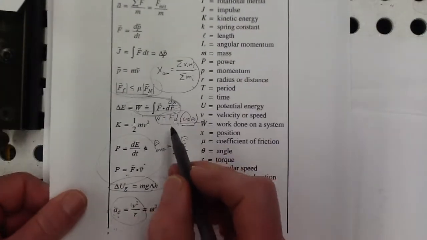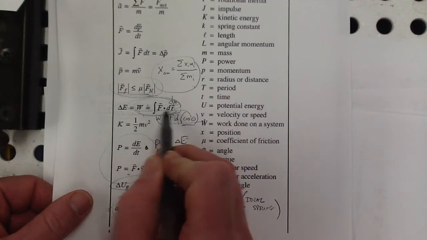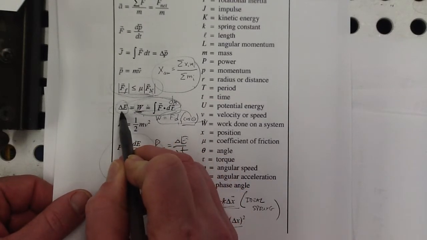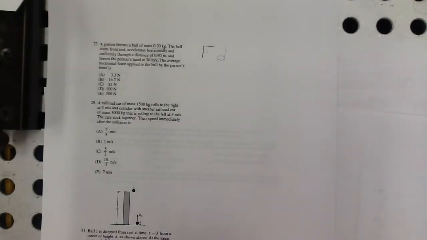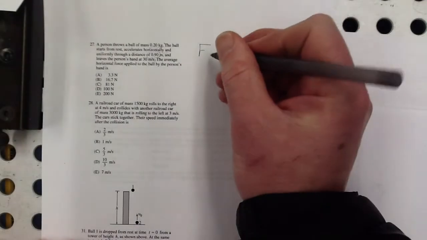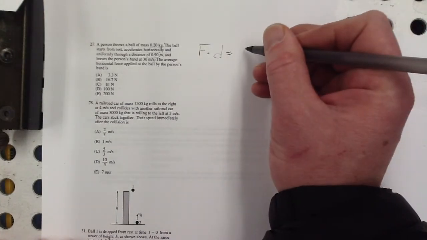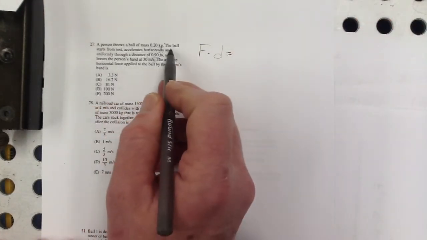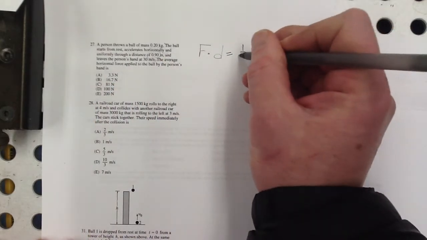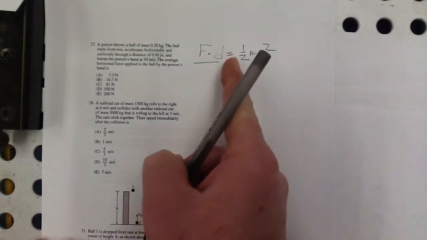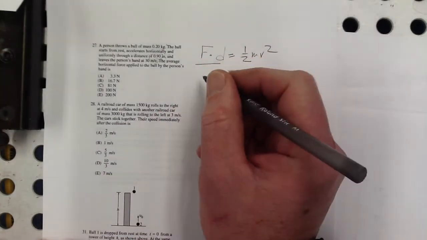A force applied through a distance should make us think about work, which is equal to change in energy, in this case the change in kinetic energy. So force times distance is equal to change in kinetic energy. It started from rest, so this work just turns into the kinetic energy.